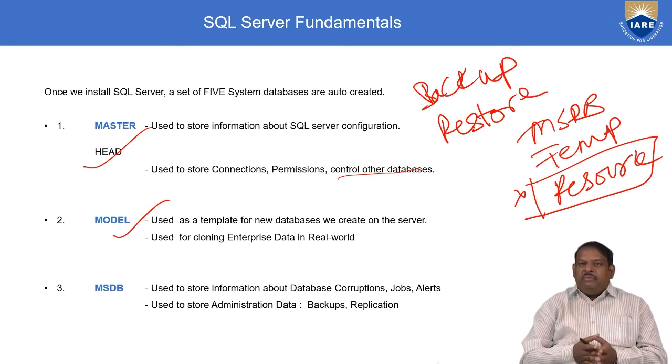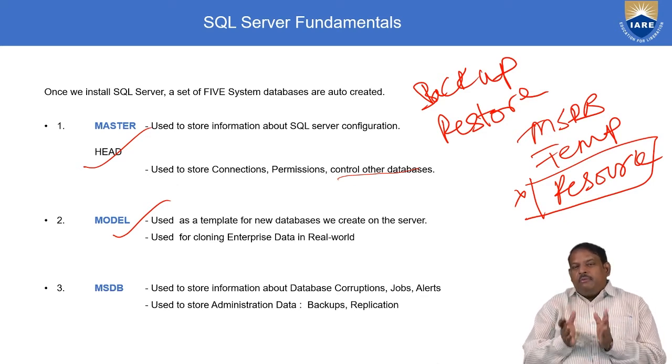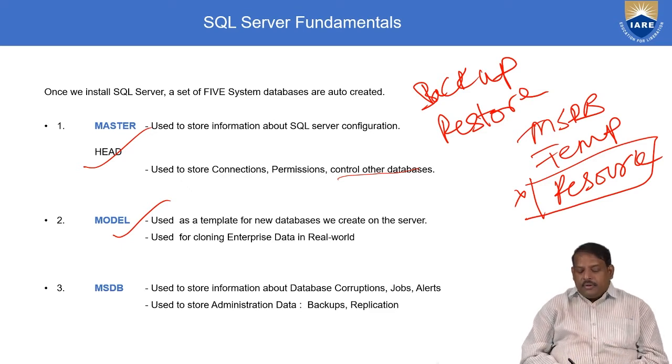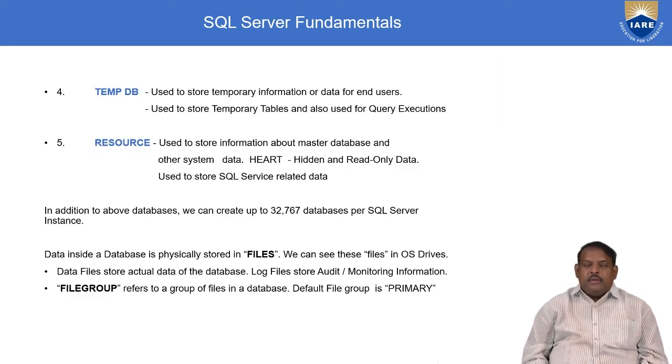If one server goes offline, the second server comes online, and your data is seen without any delay. That means the same data is stored at different places. That concept is called replication. Replication is storing the entire information available on one server on another server. Okay, this is the MSDB.